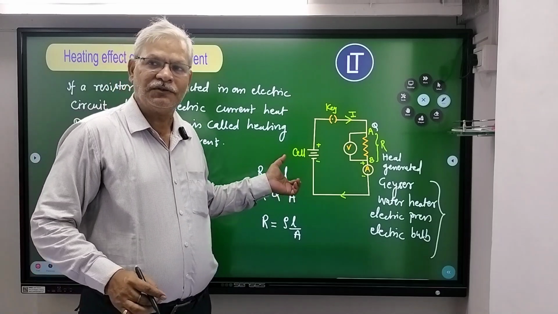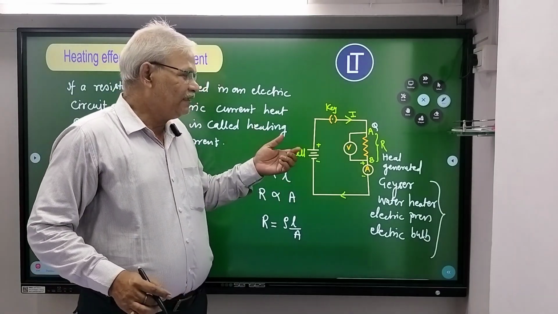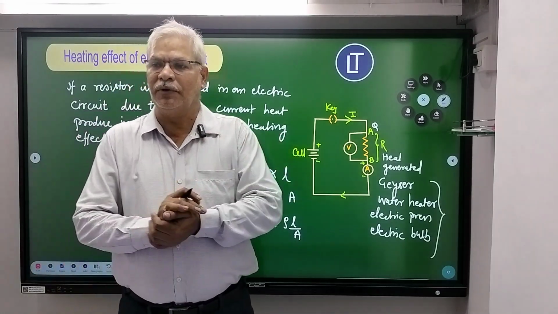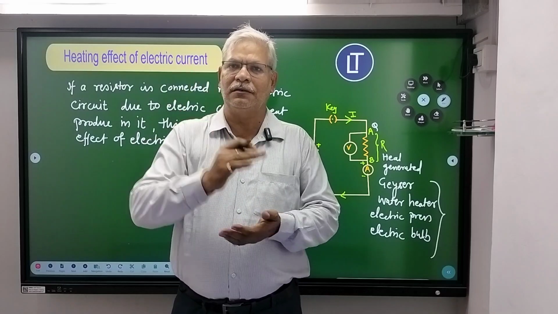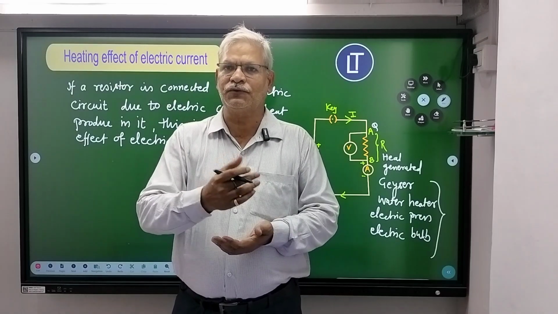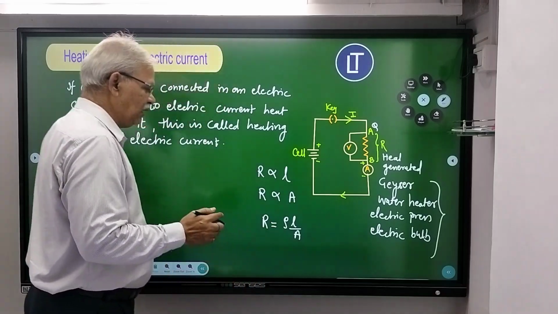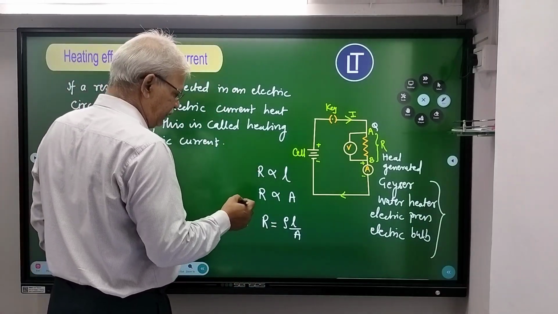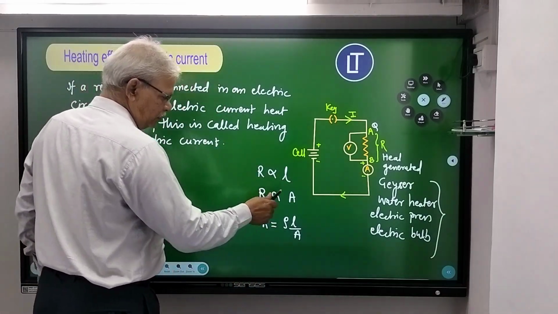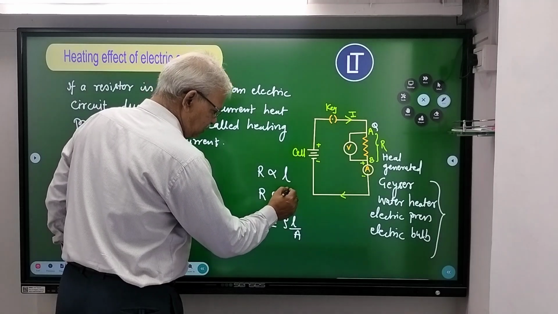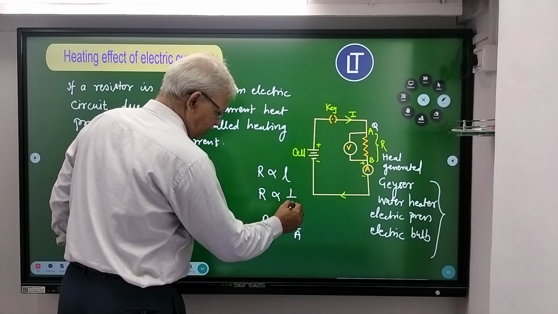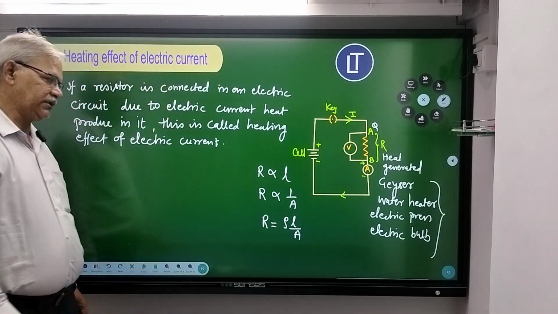Now see here, why is the filament of the bulb so thin? It's not so thick. There is a reason behind it: resistance is inversely proportional to the area of cross section.